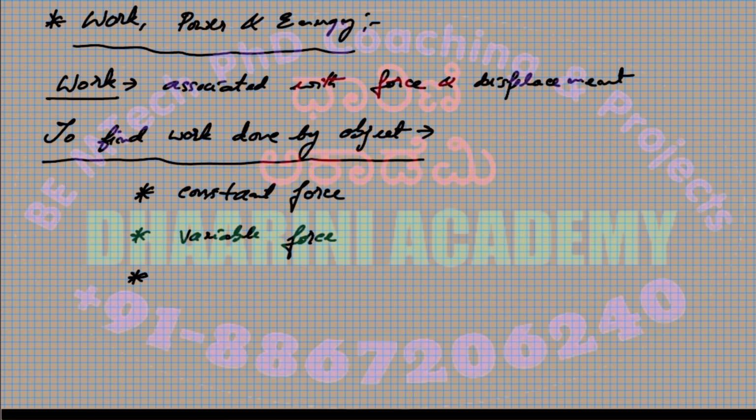And then the next category is work done by the area under the force displacement graph, right? We can try to find the work done by looking at the area under the force versus displacement curve.